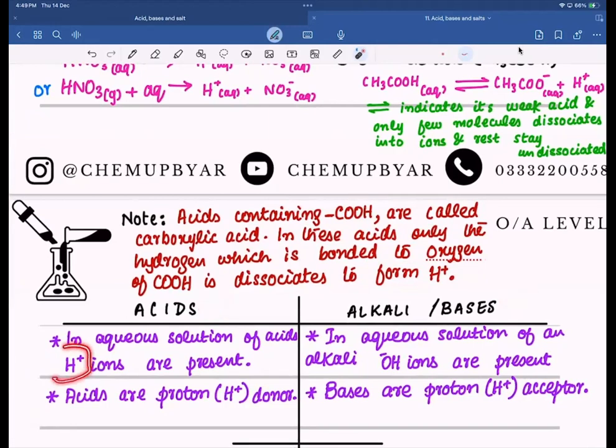Acids, when dissolved in water, produce hydrogen ions in aqueous solutions, and when we dissolve an alkali or base in water, it produces hydroxide ions. And the other difference is that acids are H positive or proton donors, they donate hydrogen ions, and bases are the ones which accept that hydrogen ion. So that is the major difference between an acid and an alkali.